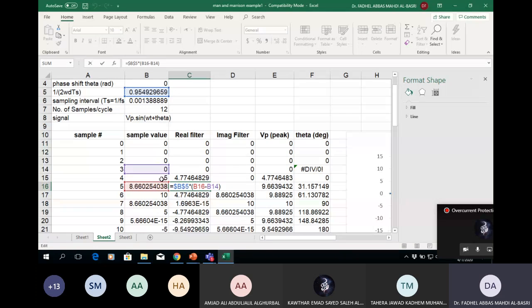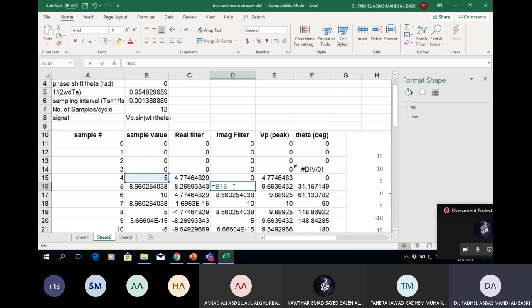So this is the middle sample, and the middle sample is represented as V naught. So the real filter is V plus, minus V minus, multiplied by this factor, 1 over 2 omega delta t. Okay. And so this is the real filter.